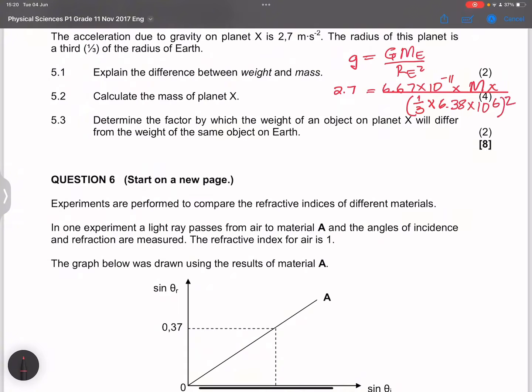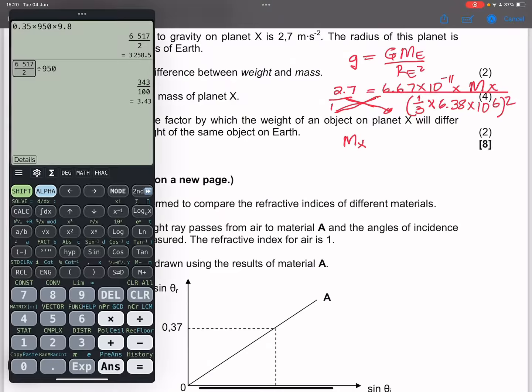And what we're going to do is just look for the mass of planet X. And what I'm going to do there, if we cross multiply, I know that this multiplies with 2.7 and 6.67 times Mx times 1. This is 2.7 over 1. And in this case, we're going to divide. So, and please remember, note that we have squared the amount.